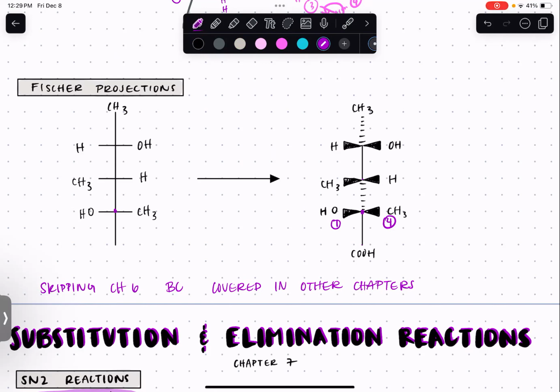So this carbon is bonded to carbon, carbon, hydrogen. This one's bonded to oxygen, oxygen, hydrogen. So this one's 2. This one's 3. You're going 1, 2, 3, which would be S, but you're 4 groups in the back. So this is actually not S. It's R.